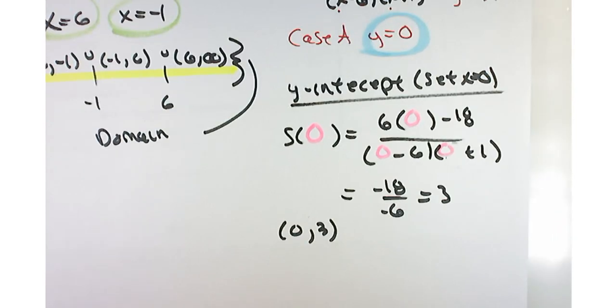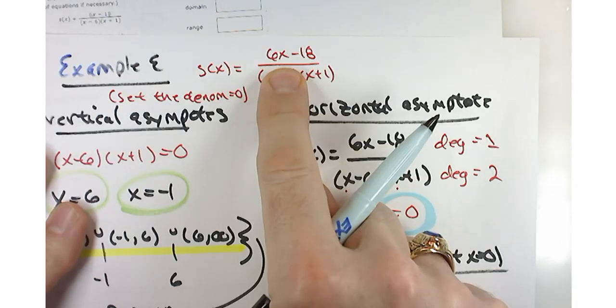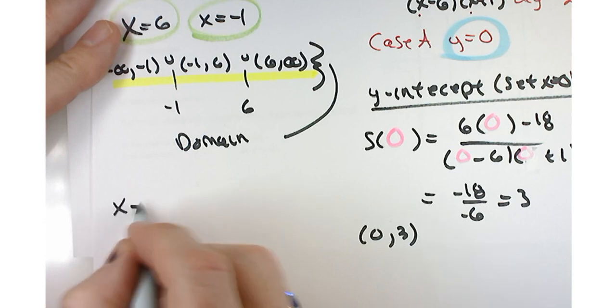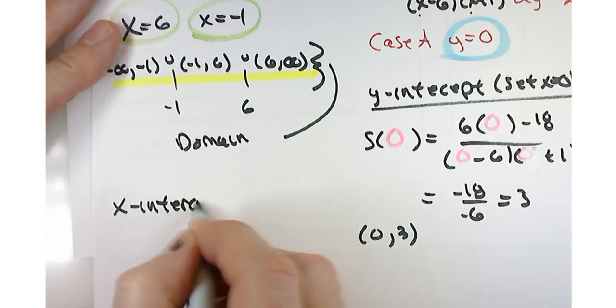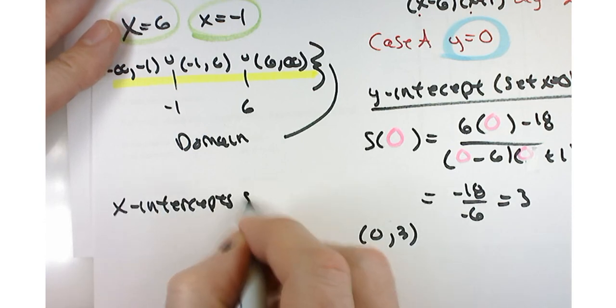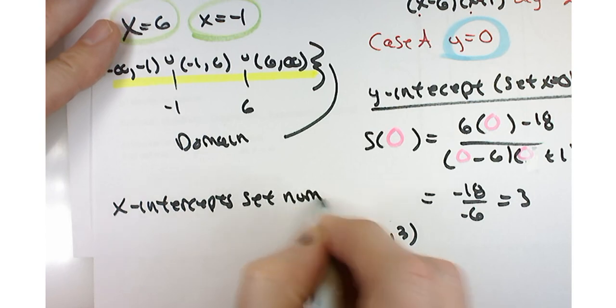Now the x-intercepts. Let me say something about the x-intercepts in general. They're going to be exactly where the numerator equals 0. So for x-intercepts, set the numerator equal to 0.